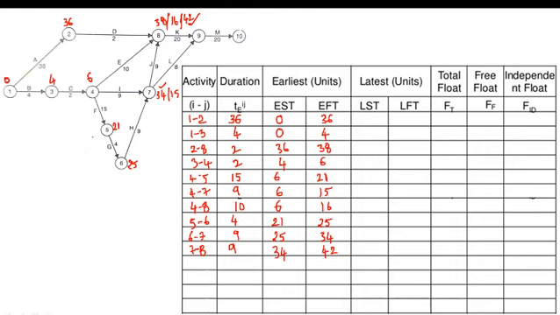After computing 7 to 8, let us compute 7 to 9. What is the duration given to us? 8 is the duration.